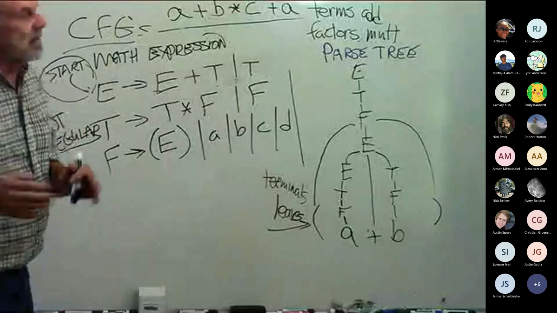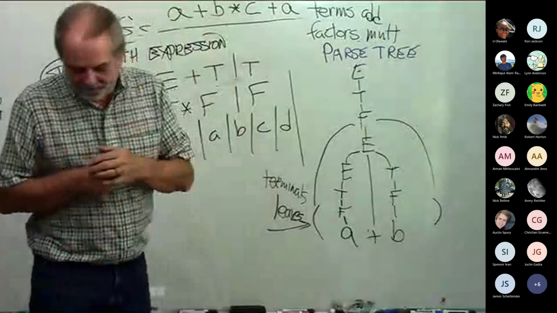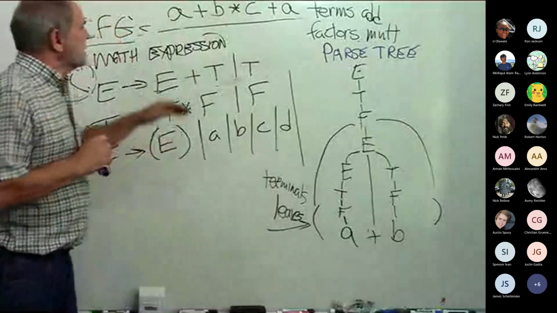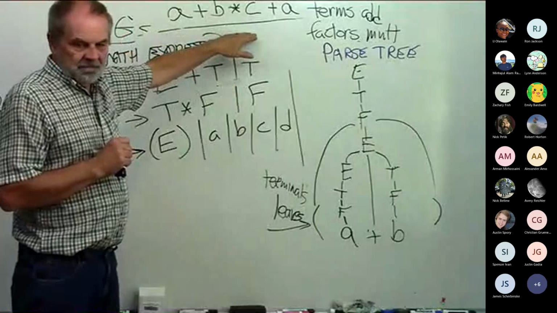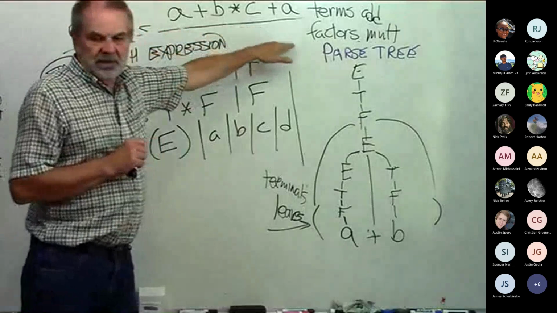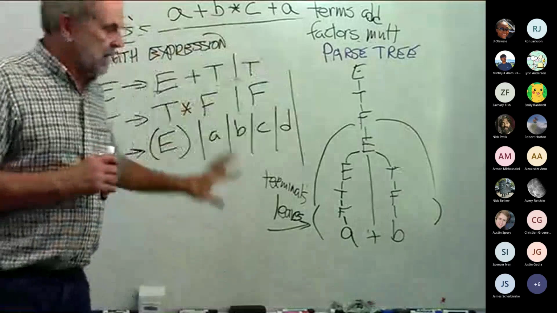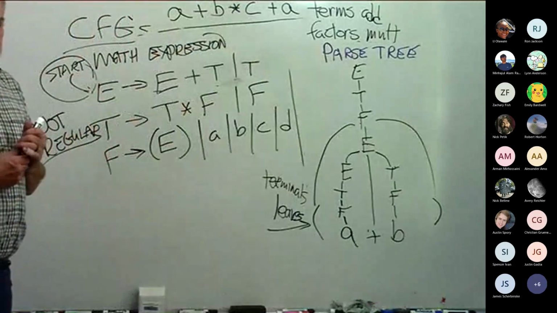So for my next act, let's derive then. Here's a little problem for you. Let's see if you can come up with a parse tree for this expression that we started with here, using this grammar.